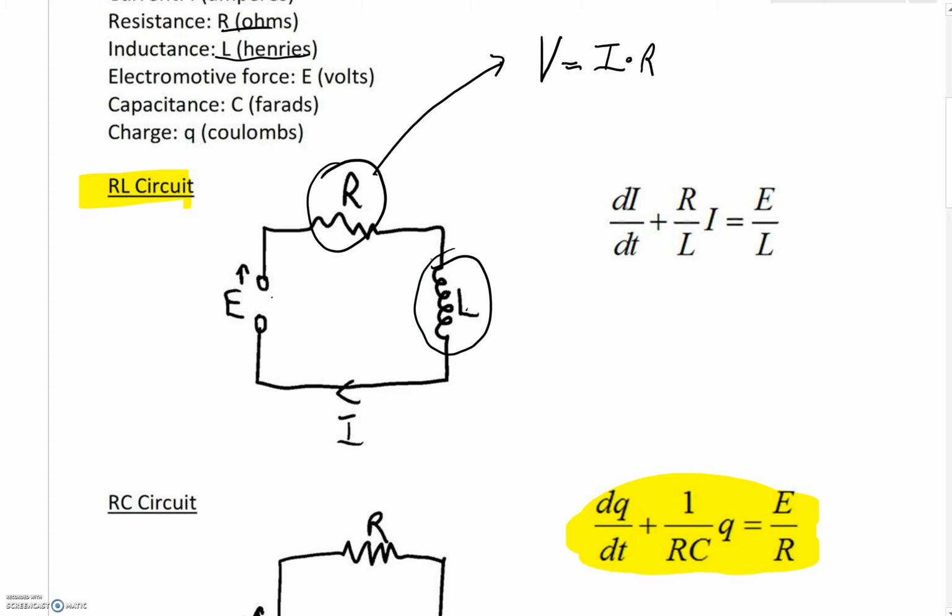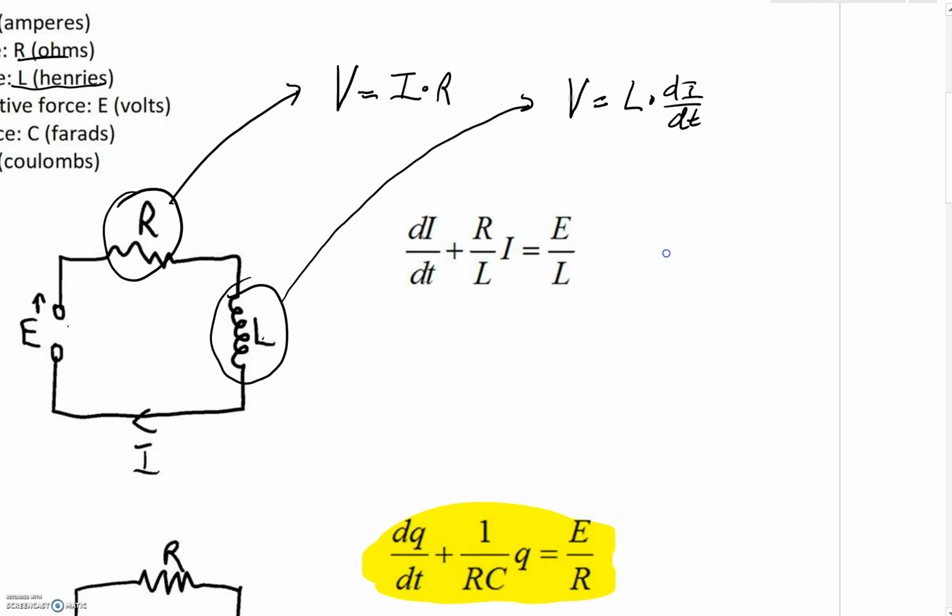Inductance, L. Remember, inductance is a property to generate an electromotive force as current changes. So V is going to equal L times di dt. That's the change in current. And if you always think about this, it's going to be very helpful.